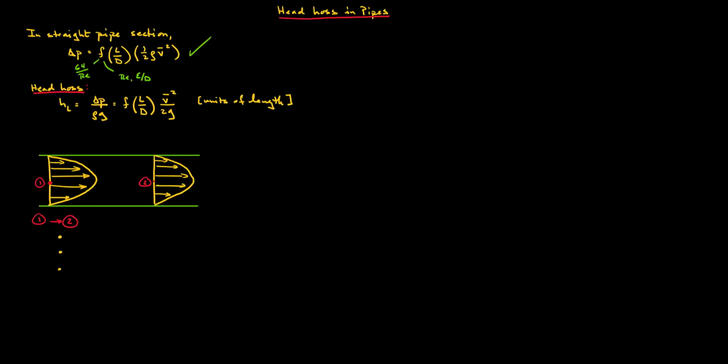So head loss is defined for a horizontal pipe section using this expression over here. So the head loss is the delta P divided by the density and the gravitational acceleration.